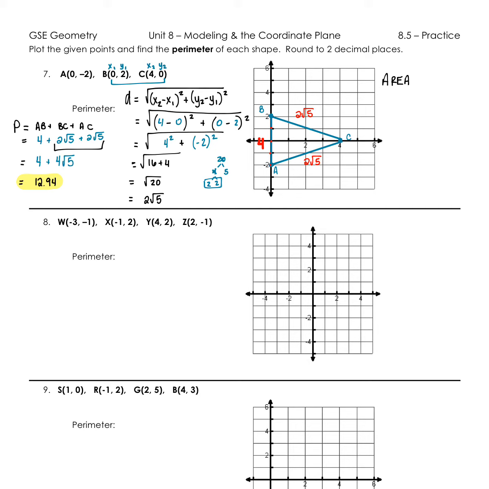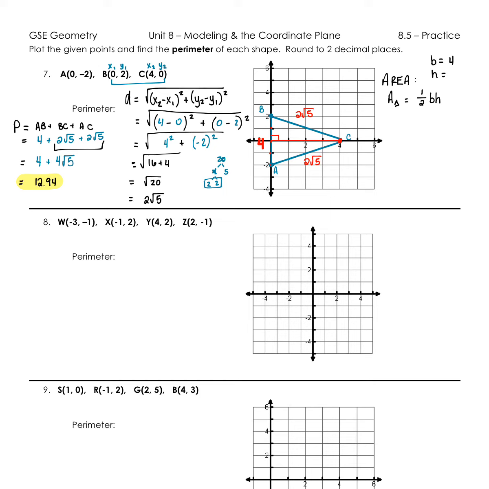If we think back to the area of a triangle, everybody should still have their formula sheet. If not, it's in Unit 7. You can go click on it. Area of a triangle is 1/2 base times height. The base is that bottom piece, so the base is going to be 4. And the height is the distance from the vertex, which is the top, perpendicular to our base.